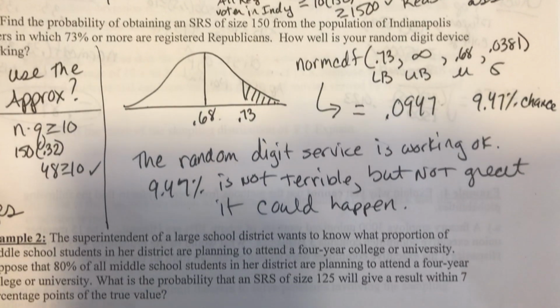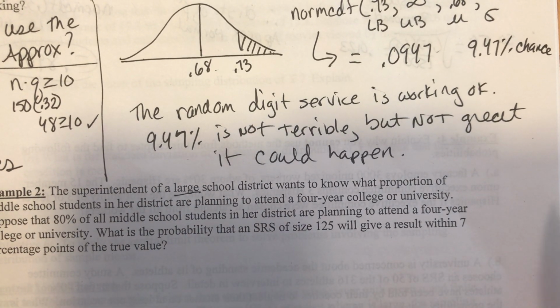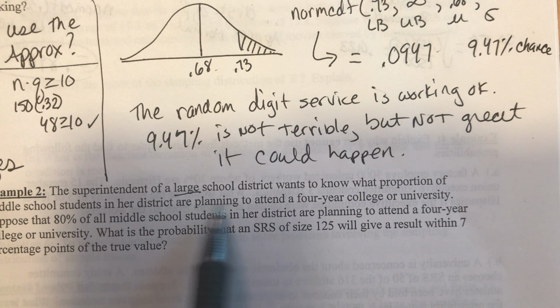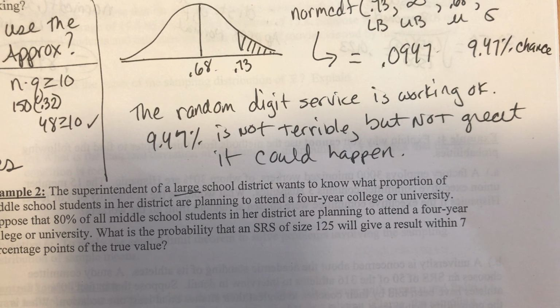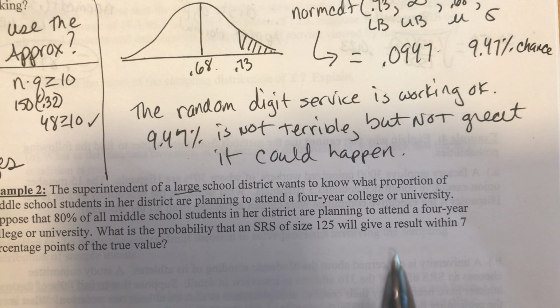So example 2. The superintendent of a large school district wants to know what proportion of middle school students in her district are planning to attend a four-year college or university. Suppose that 80% of all students in her district are planning to attend a four-year university or college. What's the probability that a simple random sample of size 125 will give a result within 7 percentage points of the true value?